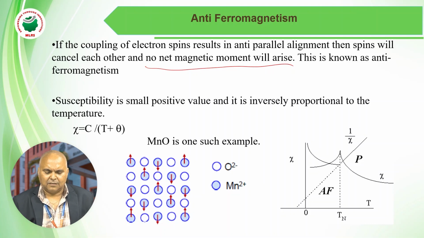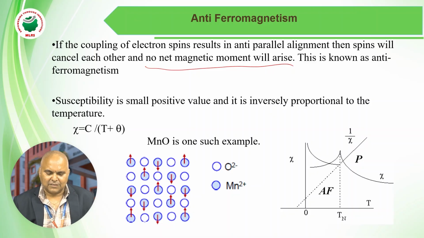This behavior we call antiferromagnetism. Here the susceptibility is small and positive, and inversely proportional to temperature. Whereas in ferromagnetism there is T minus theta, here it will be T plus theta.